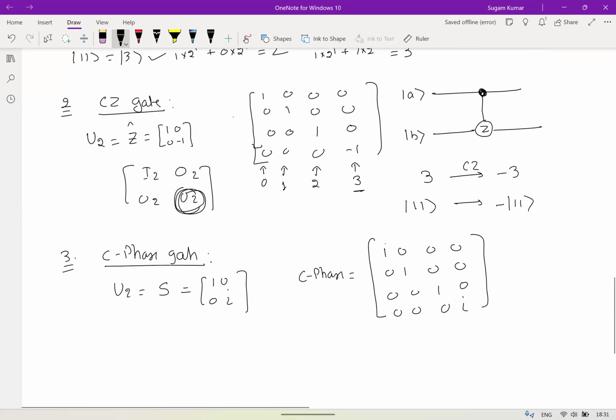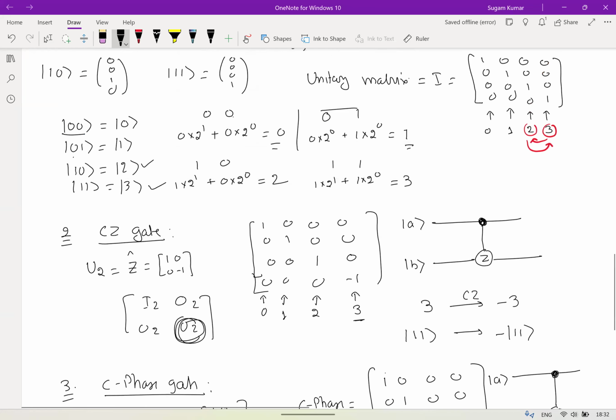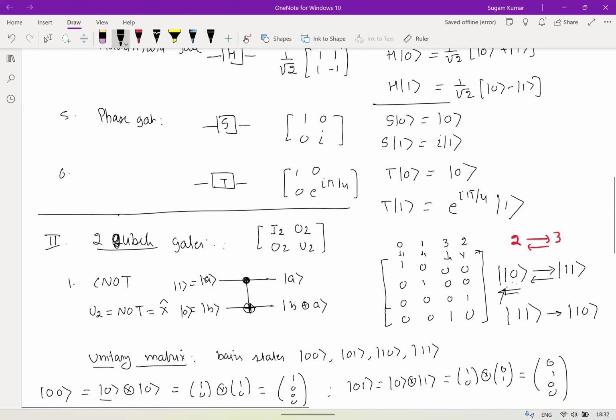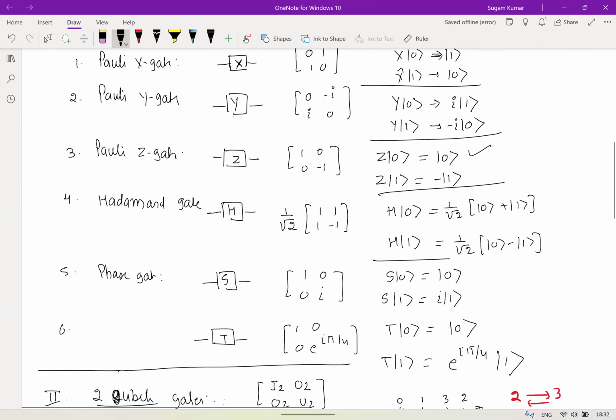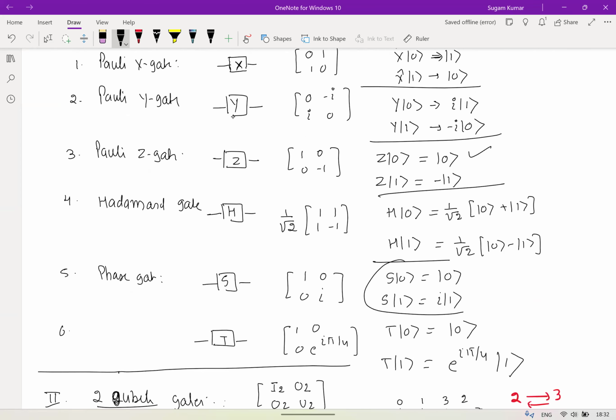The symbol is similar. Again, this is the A qubit and the B qubit, and here it is going to be a node, and here we are going to use the S. Again, look at what the S gate does.